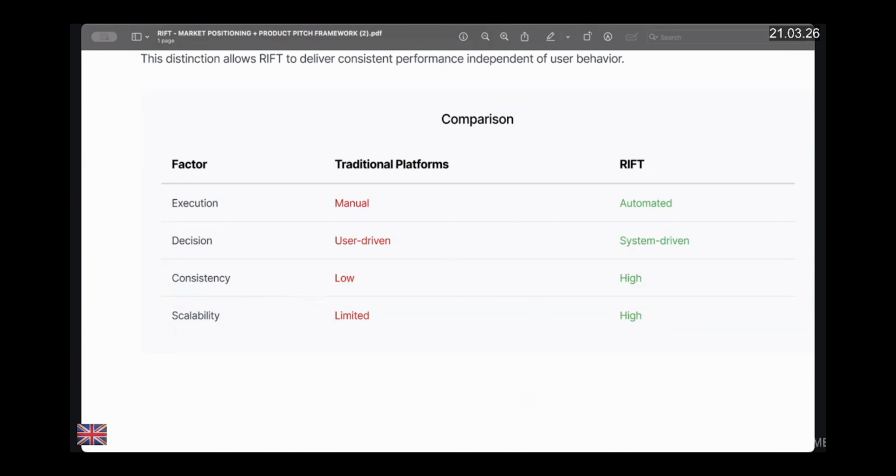So you all have seen the performance of Rift in the last couple of days, and you all can now see and observe how fast the whole execution layer works. Merely 1300 users have executed around 135,000 trades so far with a win rate of 50%.